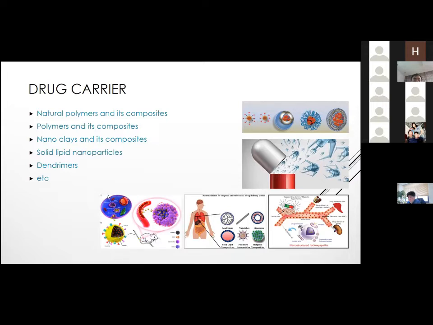So the vehicle should not have any side effect to the cells, and I have listed some of the common drug carriers here. Commonly we can use natural polymers, synthetic polymers and composites, nanoclays, solid lipid nanoparticles, and also dendrimers.